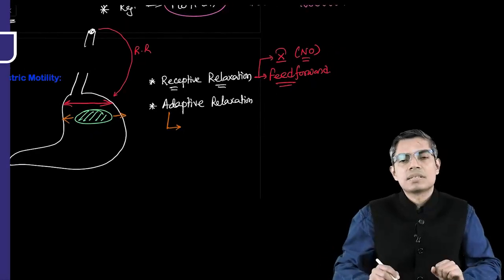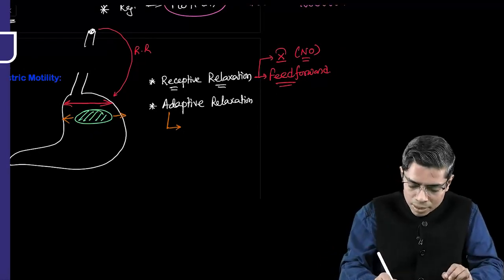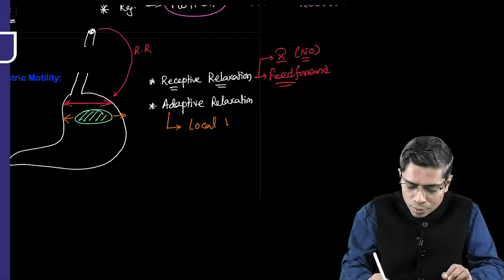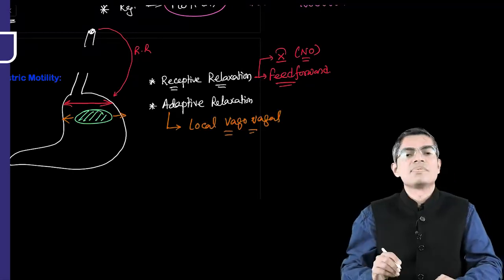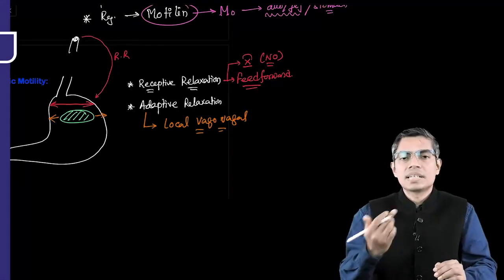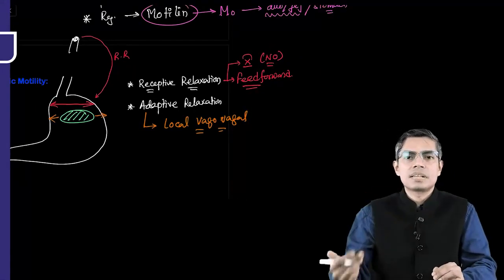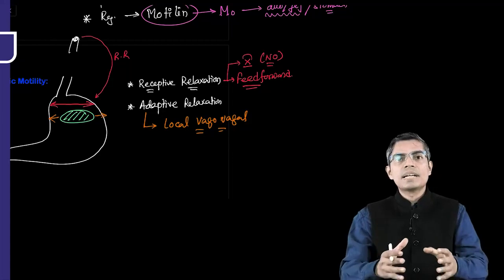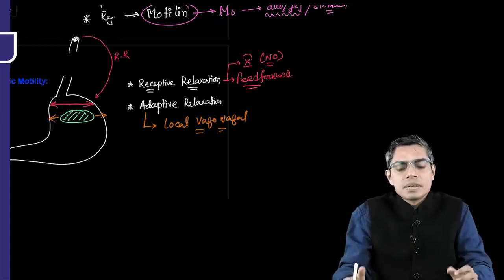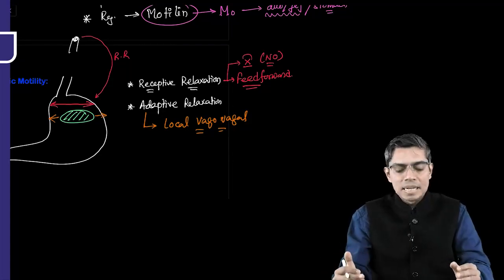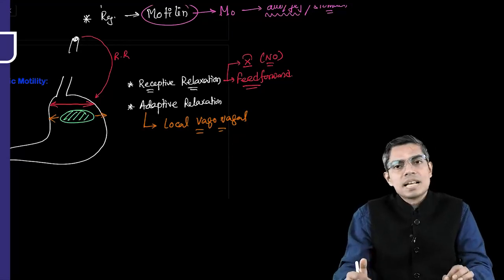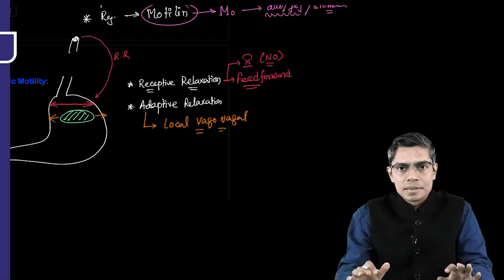It is regulated by a local vagovagal reflex. Various local reflex circuits are present within the stomach, and they regulate relaxation in presence of food. These two are very, very important, right?